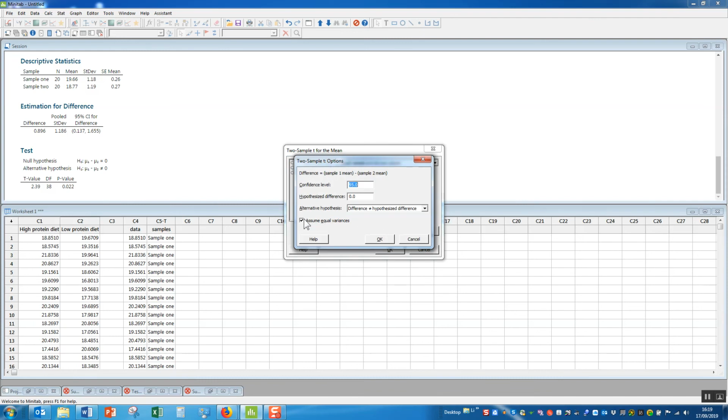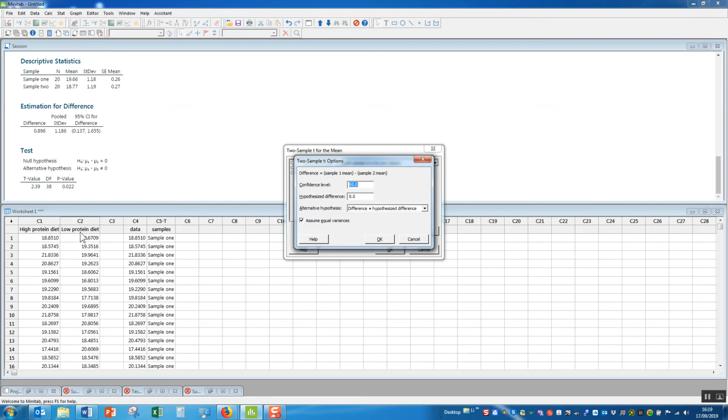In my options, I assume equal variances, and look, here is how I can refine my alternative hypothesis. At the moment, my alternative hypothesis is set that mu1 minus mu2 does not equal 0. Now I want to see if there is a significantly greater weight gain in the fish on the high protein diet than on the low protein diet.